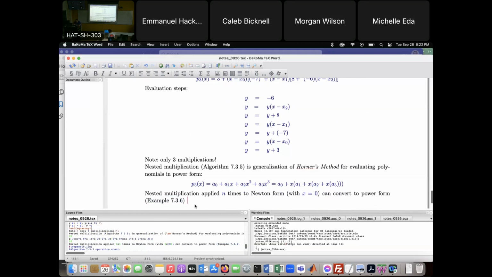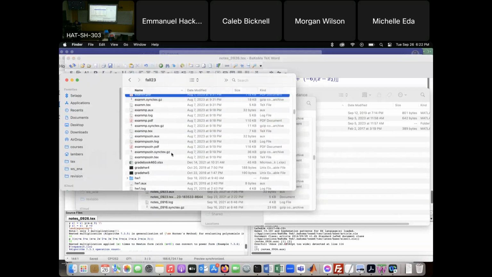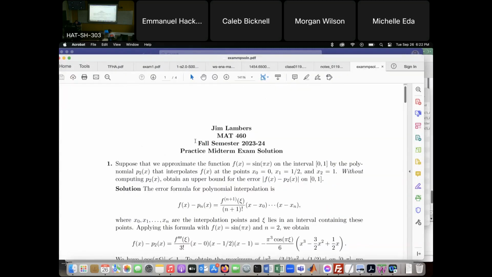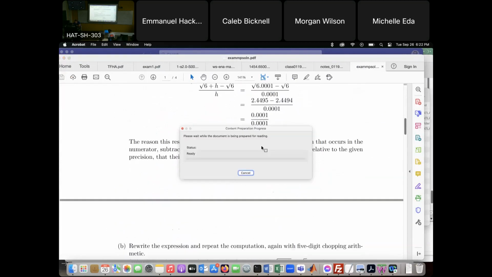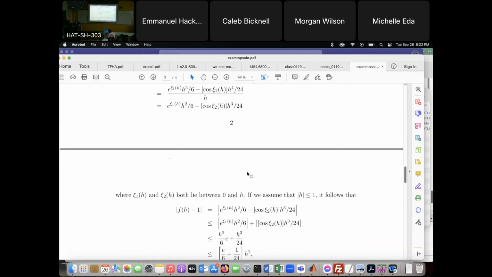Now that I've covered that topic pretty exhaustively, as far as the midterm is concerned, I can go ahead and open that up. Okay, this is a practice one. So this is what's already posted in Canvas. But just to give a sneak peek.